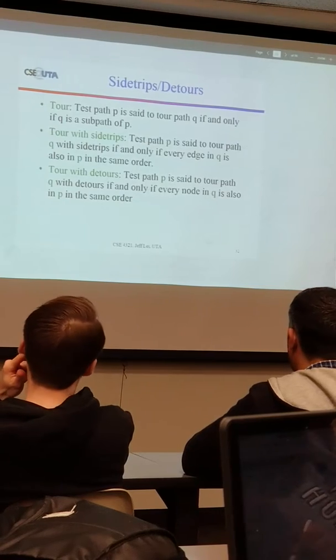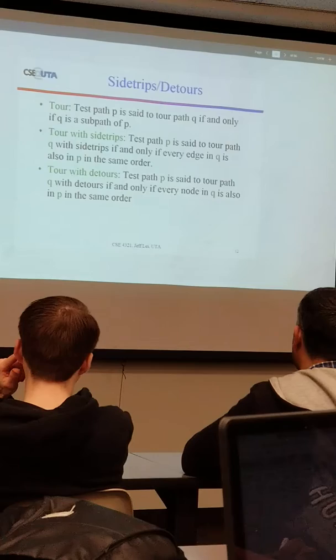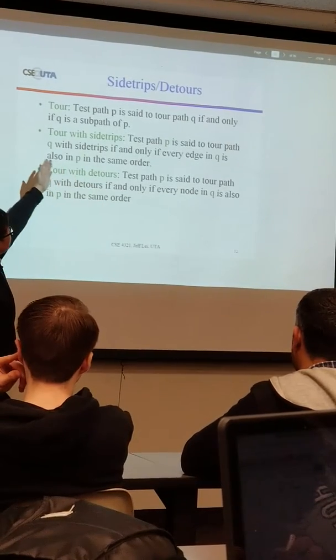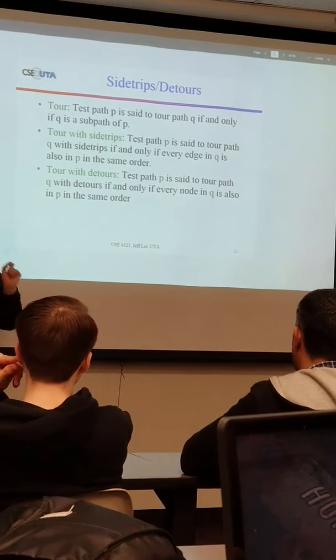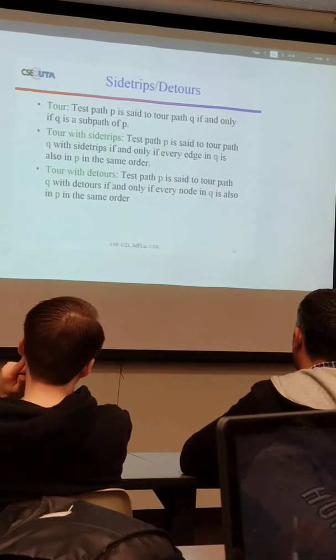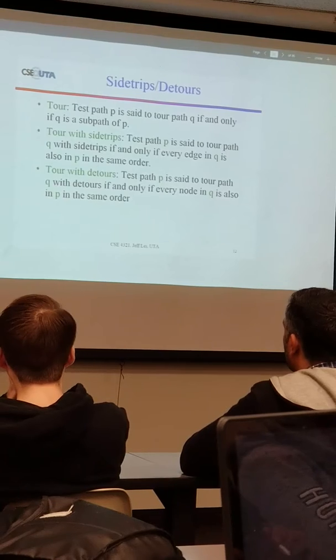I guess intuitively it allows you to take a side trip and come back. So the definition is that P tours Q with side trips if and only if every edge in Q also appears in P in the same order.